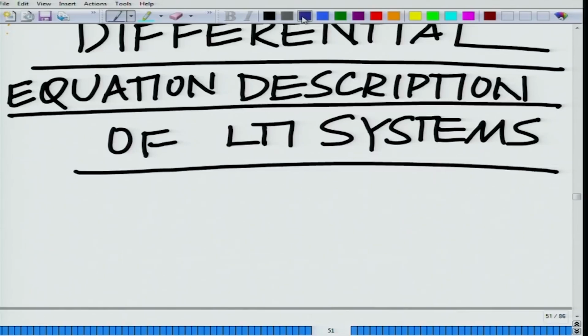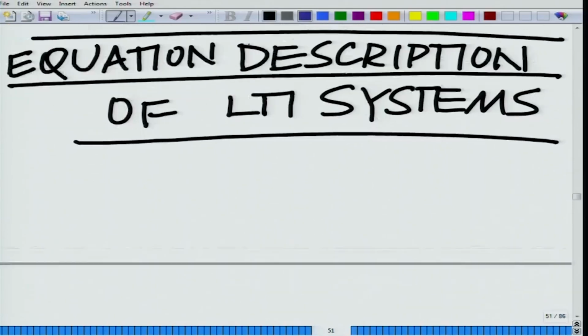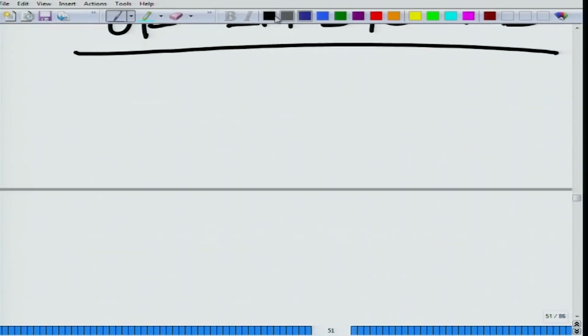And we have seen previously in an example that the input output relationship of an LTI system can be represented by a differential equation. Okay. For instance, correct. So, the input output relationship of several systems can be represented by differential equations. Let us note down that point.